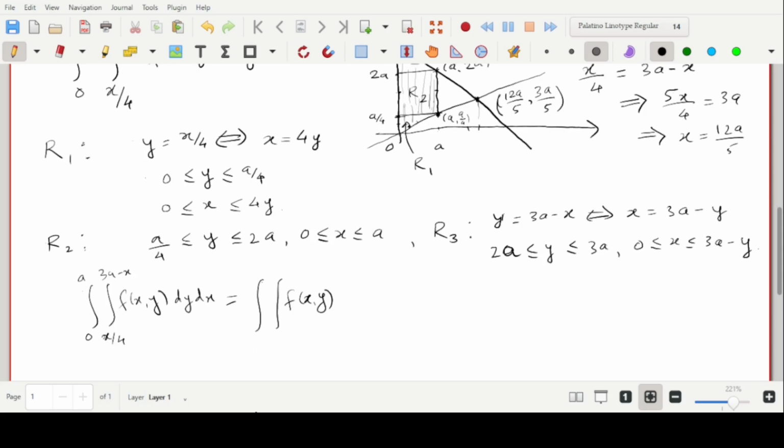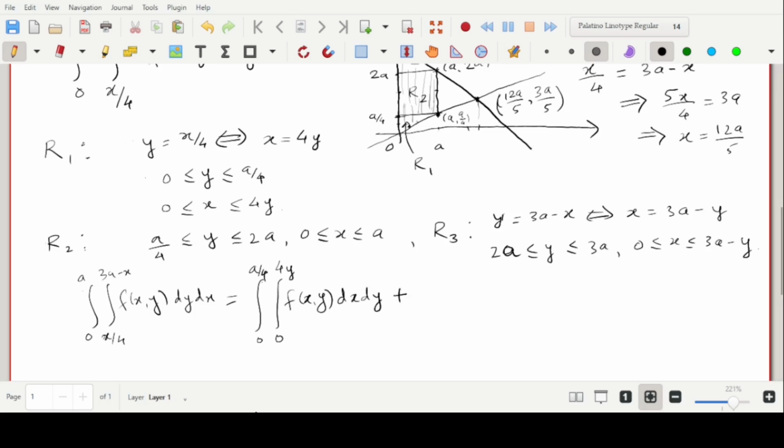But what is the region R1? Now we shall be changing the order of the integration. First we shall integrate with respect to x. So for region R1, the limits of x are 0 to 4y, and y will vary from 0 to a over 4, dx dy.